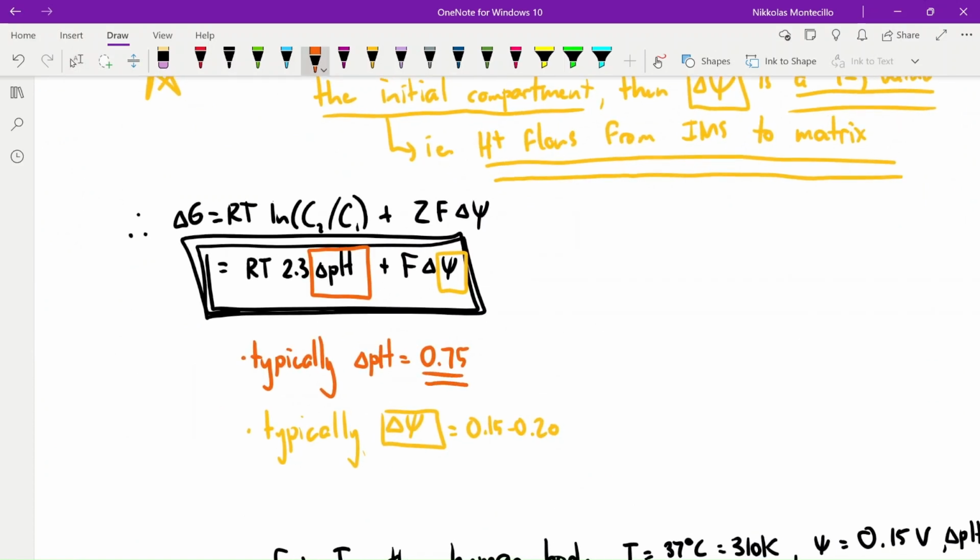These two values are 0.75 and 0.15 to 0.20.